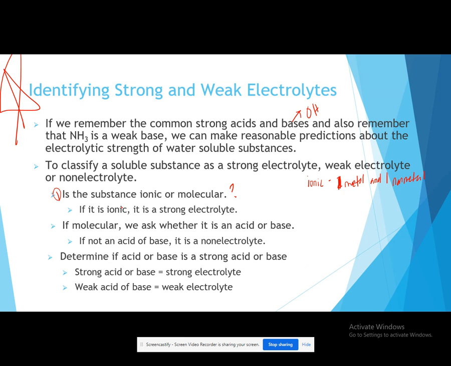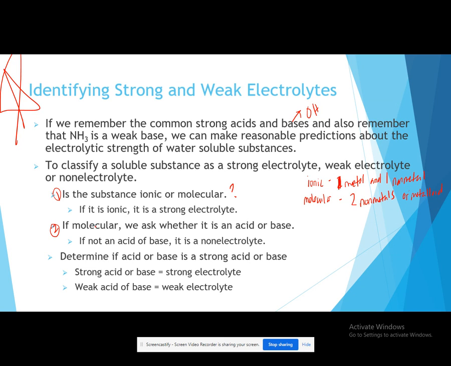If it's ionic, it's a strong electrolyte. Molecular is 2 non-metals, you could say or metalloid. If you say it's molecular, you go on to question 2.